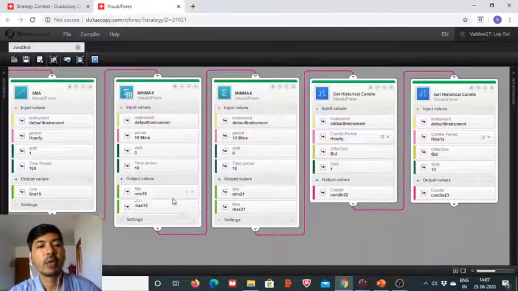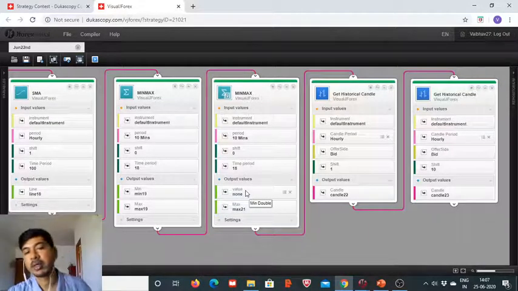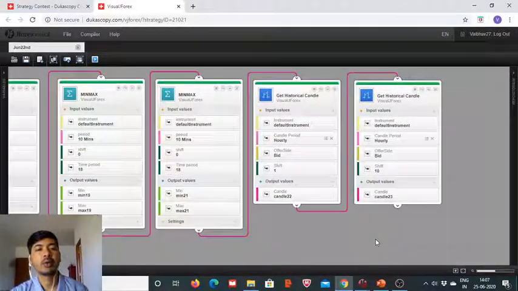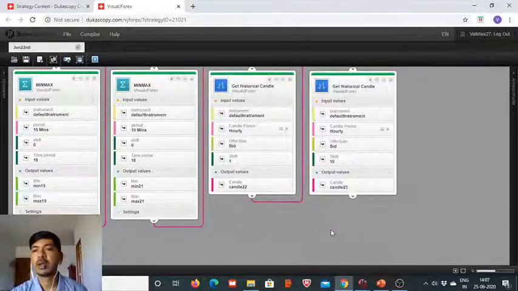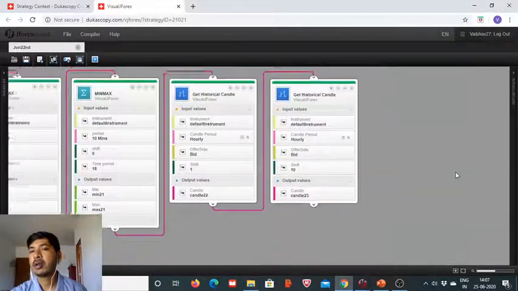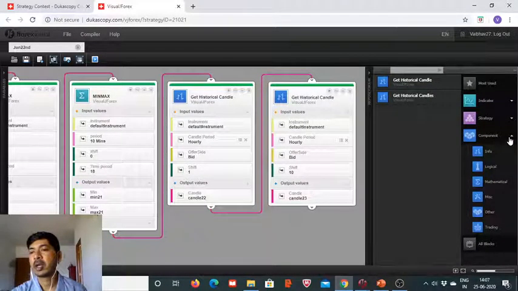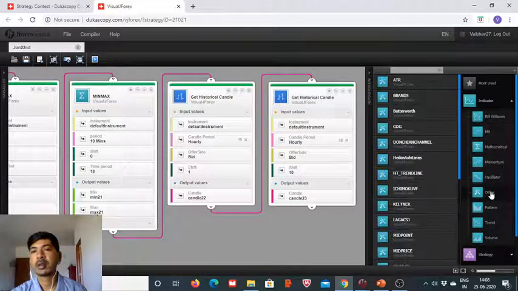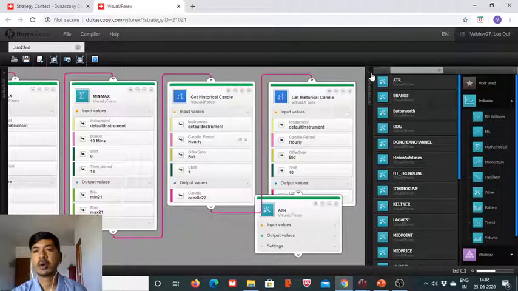We will also need to do the calculation, the difference between min-max values, so that we can compare it to the ATR range and make sure that there is enough volatility. So that needs to be calculated. So first thing we do is get the ATR block, and I think it is in other. Yes, ATR is here. So we have got this.